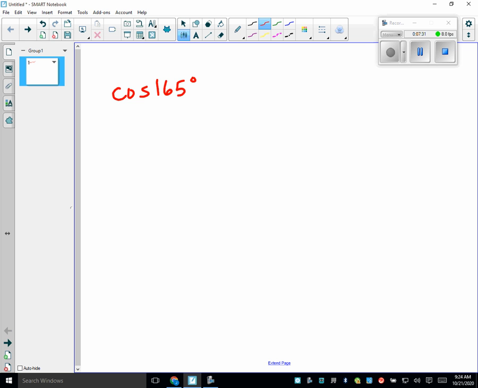So what is 60 degrees in quadrant 2? 120 degrees? What would it be in quadrant 3? 240 degrees? And quadrant 4? 300 degrees.